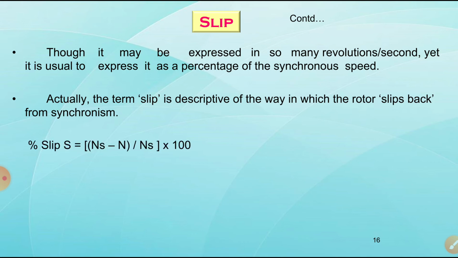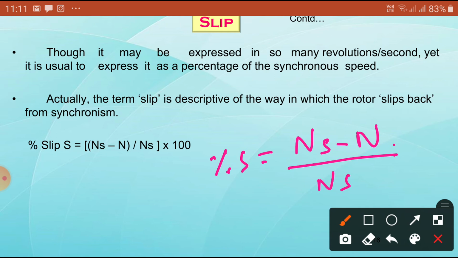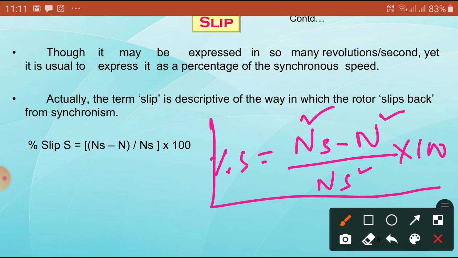So the percentage of slip can be written as, what is the equation? The percentage of slip is equal to (ns minus n) divided by ns, into 100, where ns is the synchronous speed of the rotating magnetic field and n is the rotor speed. This is the percentage of slip, and it is useful in calculating the performance of induction motors.